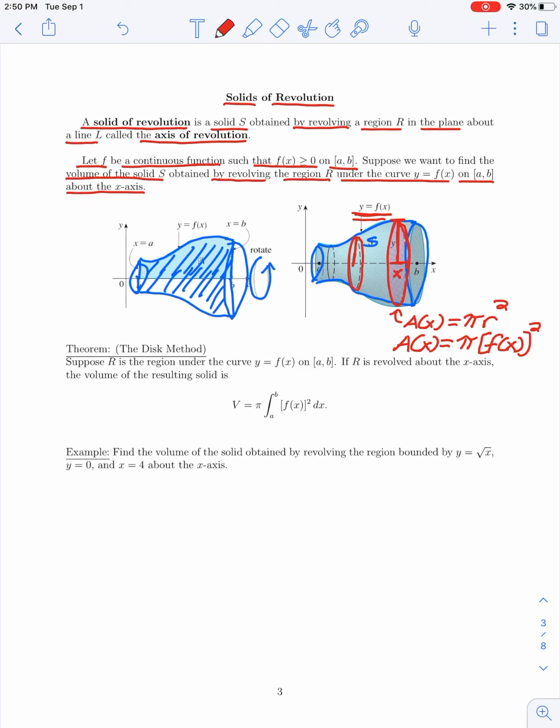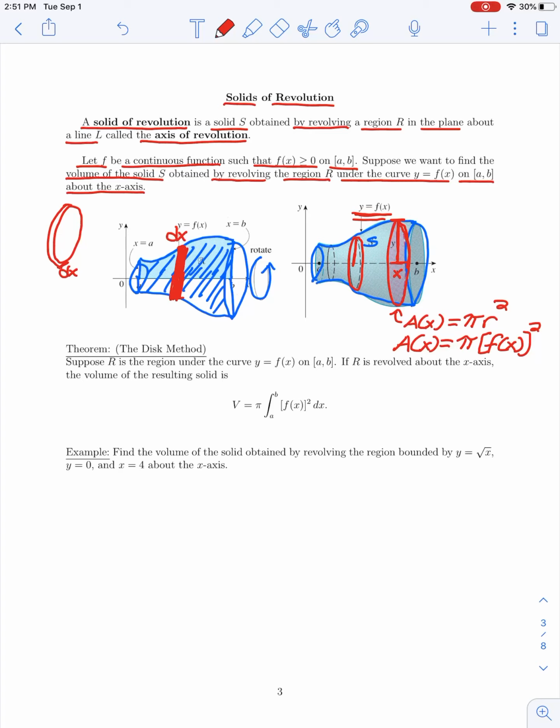Now, another way we can sort of think about this intuitively, as we introduced in the first part of our section, if we think about taking a little representative strip through our region R of thin width dx, and I revolve that strip about the x-axis, I can see that I would have a disk, a circular disk, with some very thin width, which we would call dx, the thickness of this little cylinder.